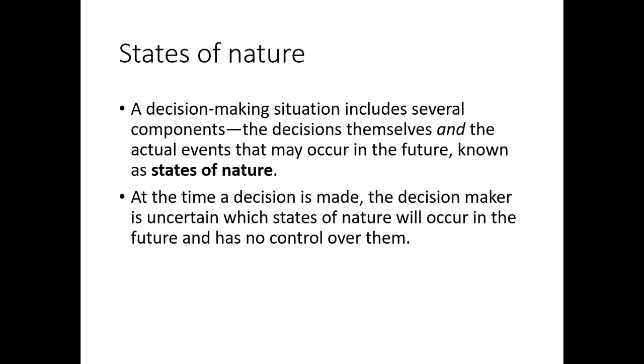So ask yourself, did you understand the states of nature in this problem? The states of nature are good economic condition and bad economic condition. This was not the case with linear programming or transportation that we learned earlier. There were simple resources, constraints, objectives. States of nature were not taken into account while we were solving those problems.